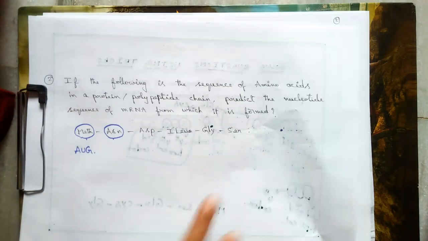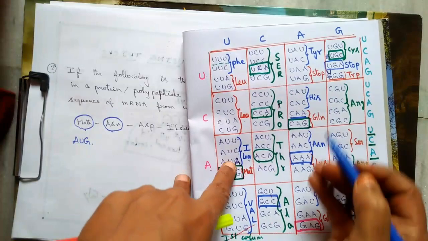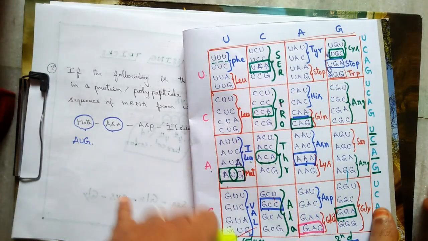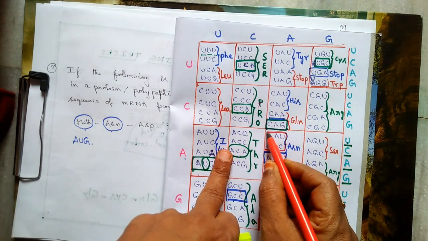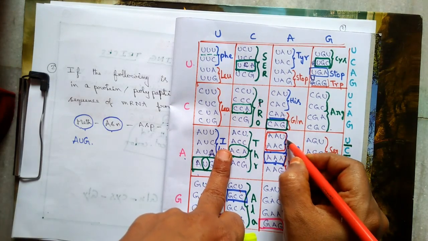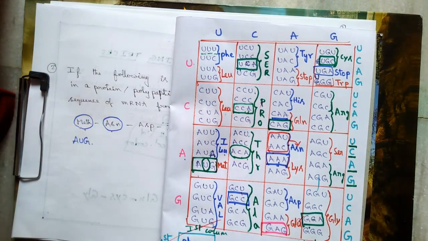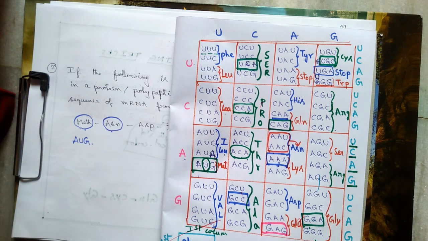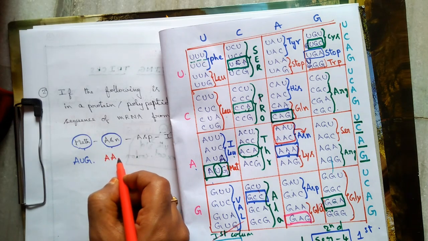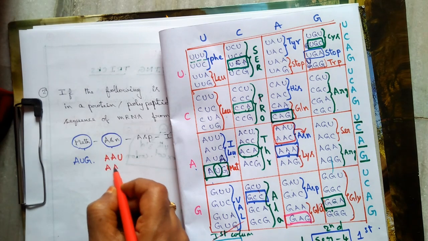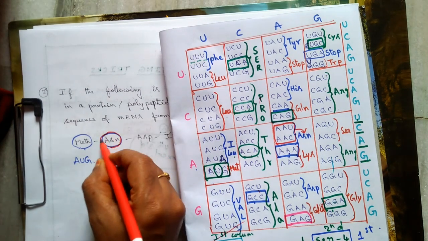Let's check in this table. See here, AAU and AAC code for the amino acid asparagine. Like this we have to translate. So both the codons you have to write, AAU and AAC.